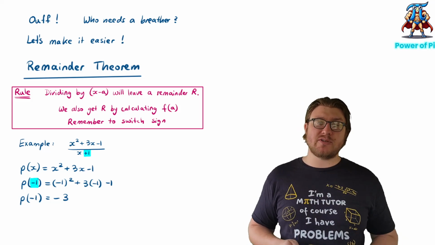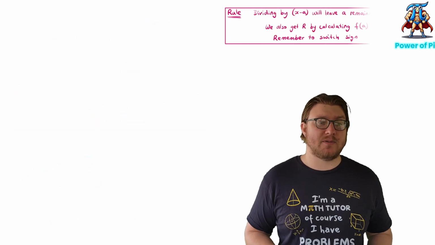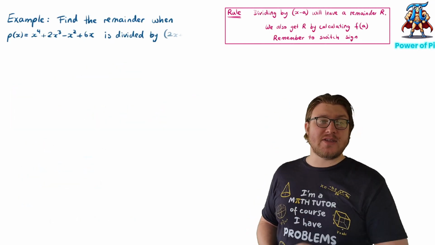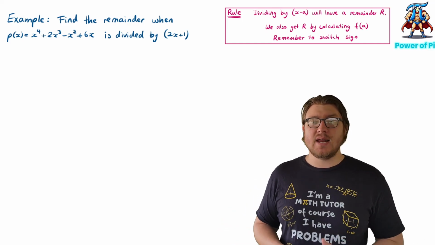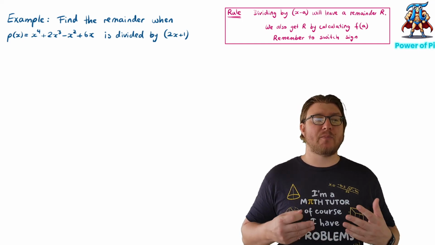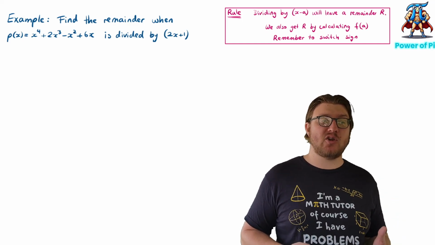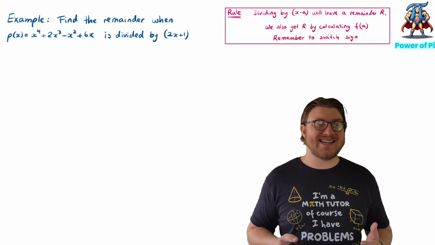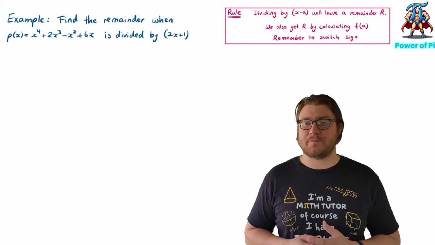So just to make sure that you're really comfortable with this, we're going to do a couple more examples. I've blended in the actual rule at the top so you can follow through. Let's have a look at this. We are asked to find the remainder when the polynomial p(x), x to the power 4 plus 2x cubed minus x squared plus 6x, is divided by 2x minus 1.